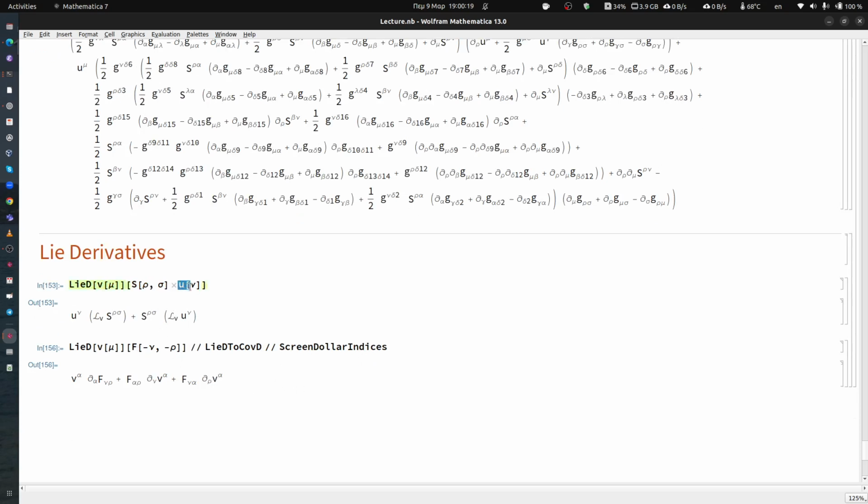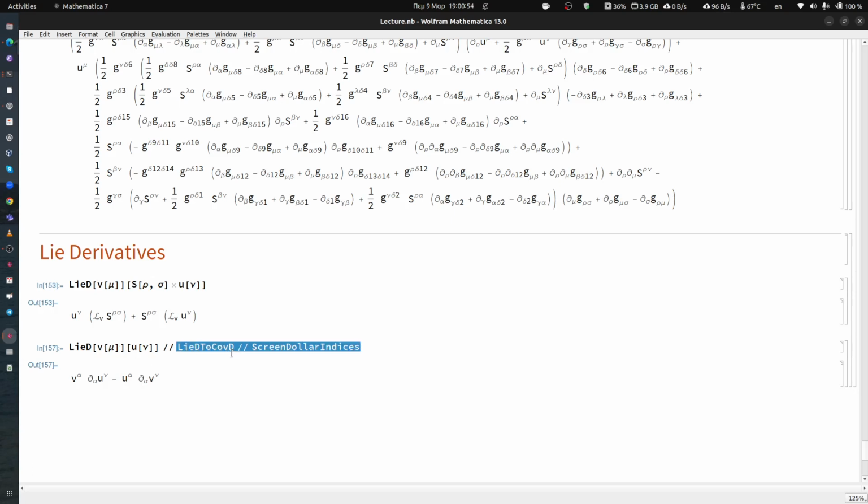If we just put a vector here, that gives us the Lie bracket of v and u. So you see that's v du, minus u dv. So when the Lie derivative is expanded, the PD connection is used by default.